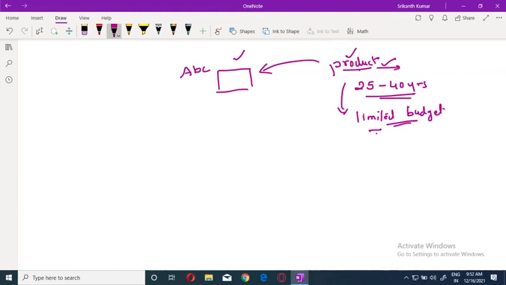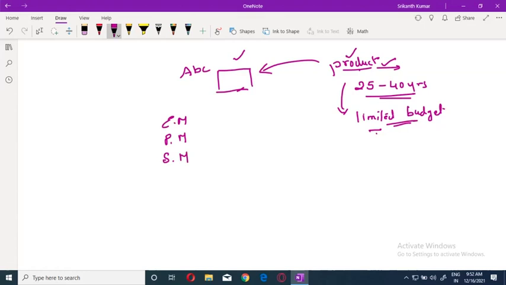Then you will have multiple options over here. First, you can go with electronic media. Then you can go with paper media, print media. And also you can go with social media.